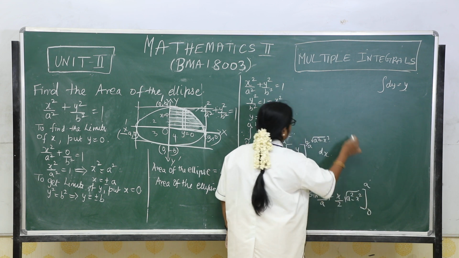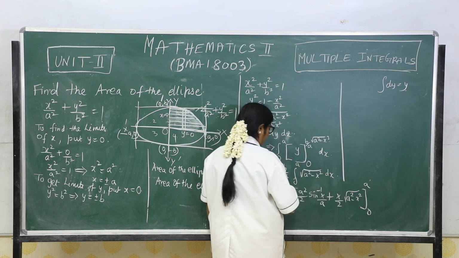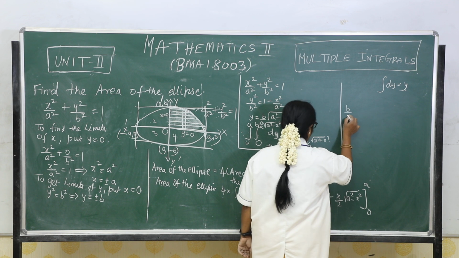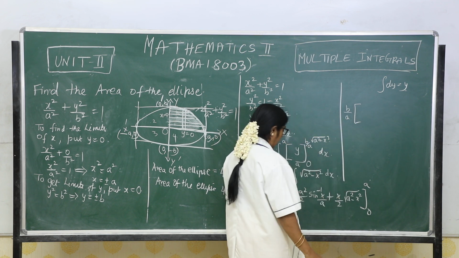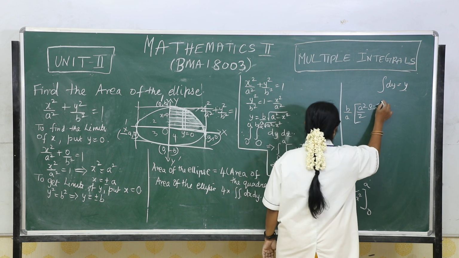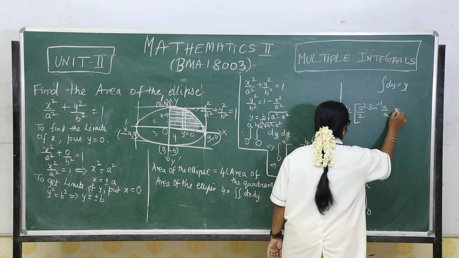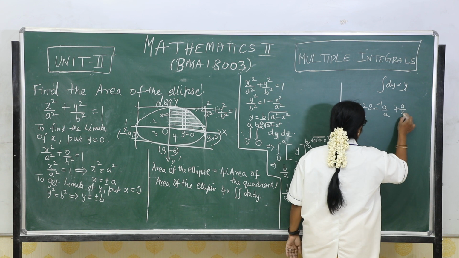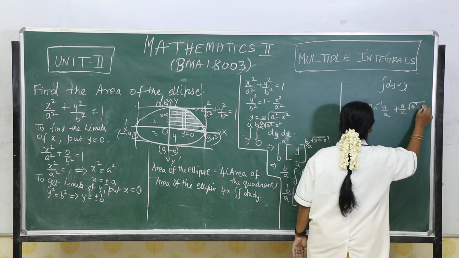Substituting the limits, you are getting b by a, a squared by 2 sin inverse of a by a plus a by 2 into root of a squared minus a squared.